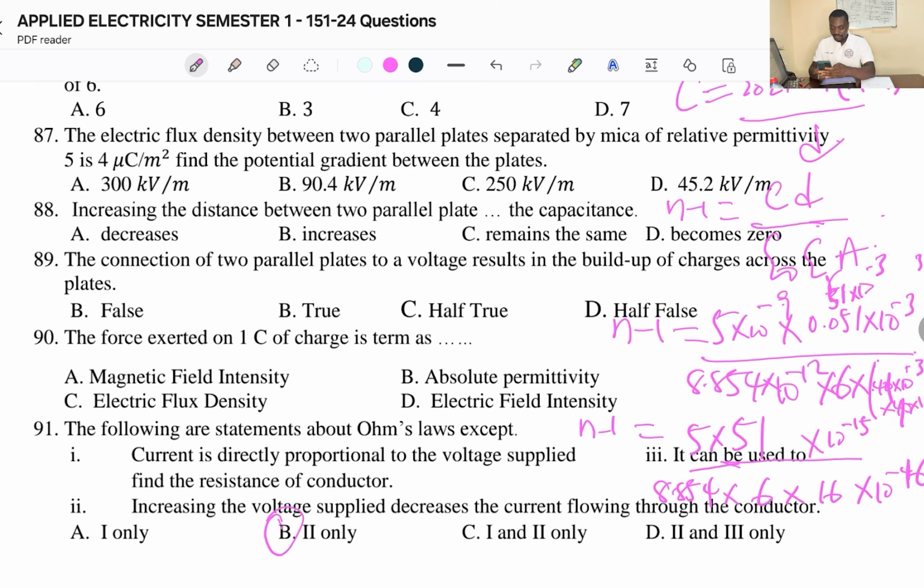I can take 8.854 times 6 times 16, right? So we get this answer. Inverse.